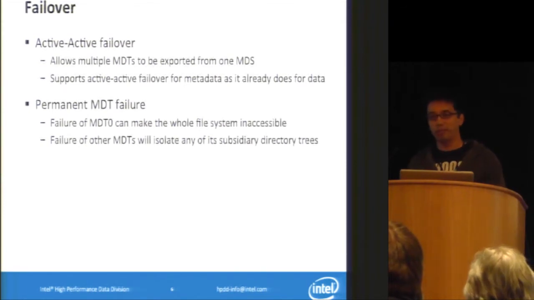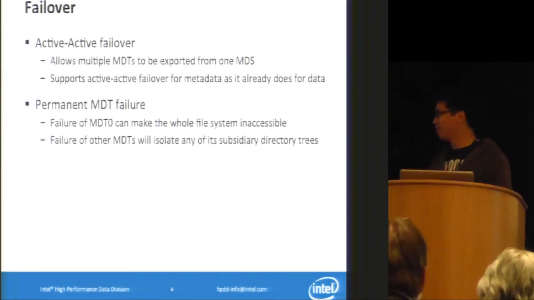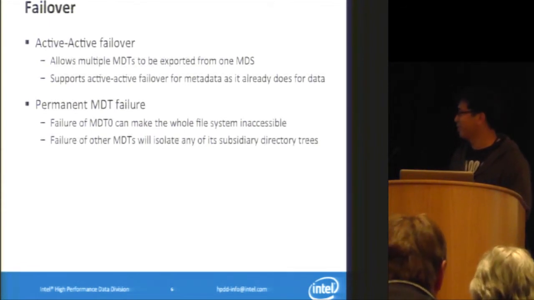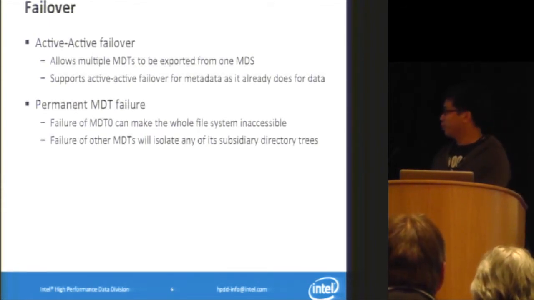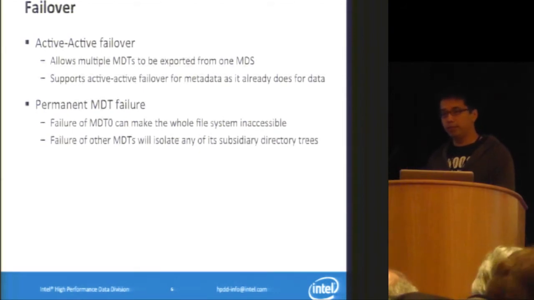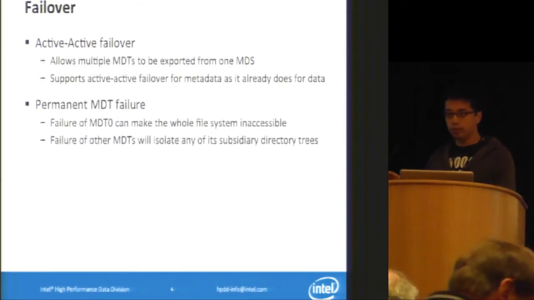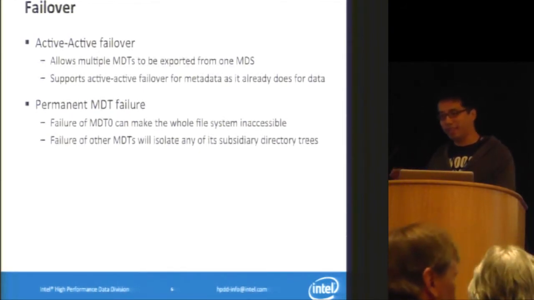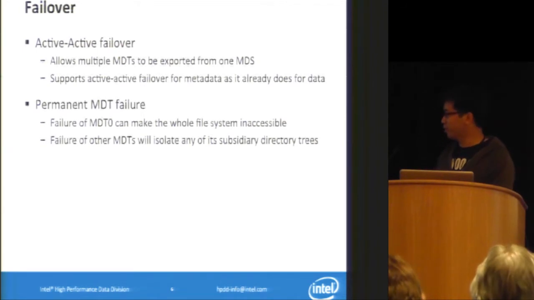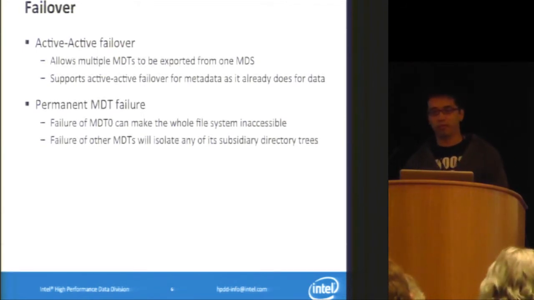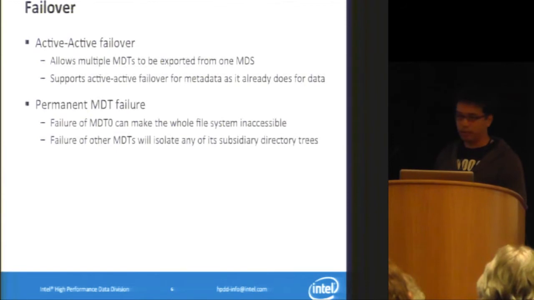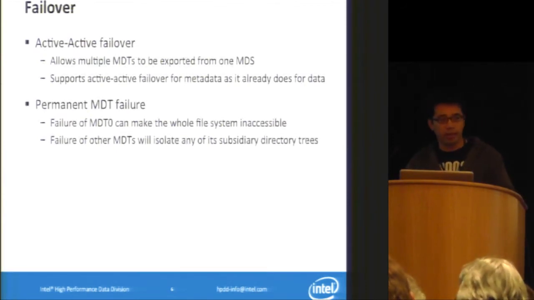It means if your MDT0 fails, the whole file system is inaccessible. That's not very good, but that's true for phase 1. If another MDT fails, the namespace on that MDT becomes inaccessible, meaning if you try to access the name tree on that MDT, you will probably get EIO or something.